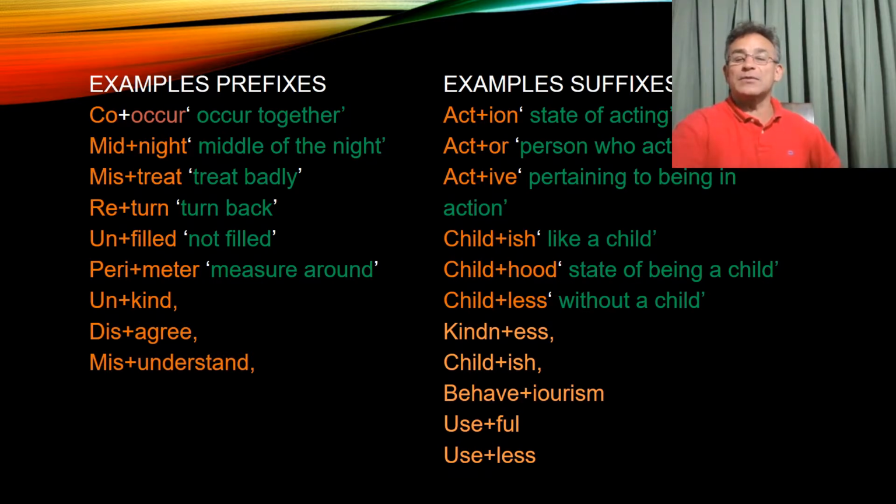And another example of suffixes is action, state of acting; actor, person who acts; active, pertaining to being in action. These words keep the same root but change the suffix. Childish, like a child; childhood, state of being a child; childless, without a child.